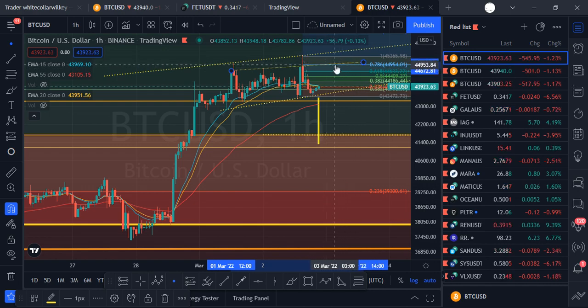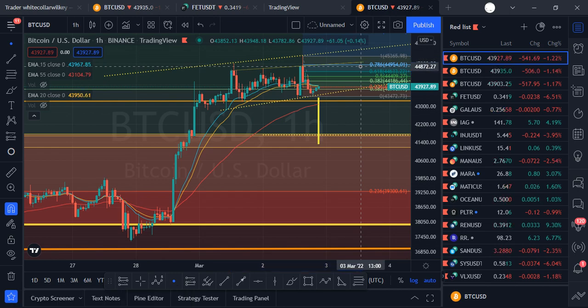So the potential price rise on this would be to 44953 if entering now. So that's the sell price there, 44953, or about 44872 to be safe, I'd say.